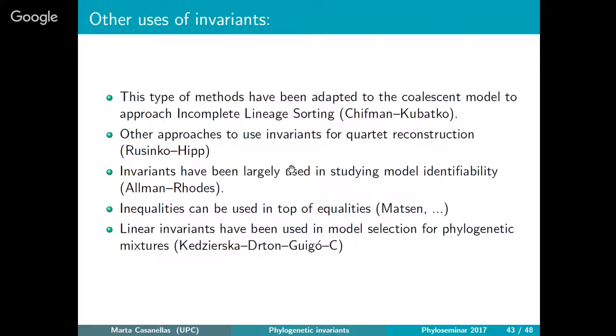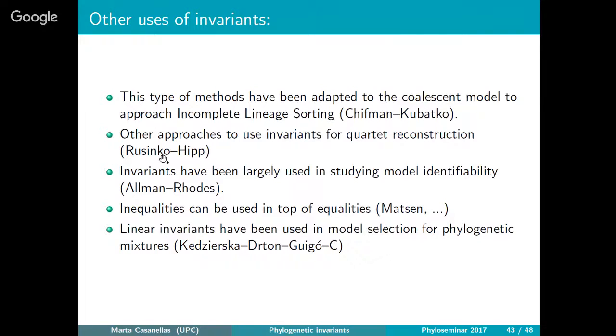I must say that invariants have now been used for more than 10 years, and there are different approaches used in different settings. There is some nice recent work by Schiffman and Kubatko on trying to obtain the species tree under the coalescent model.